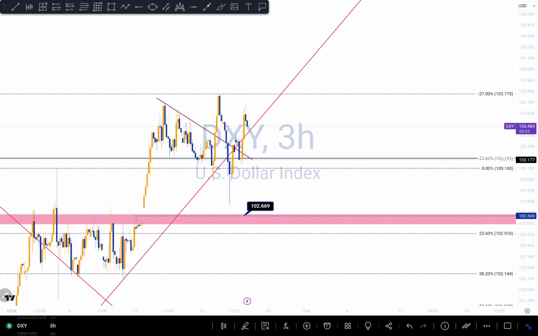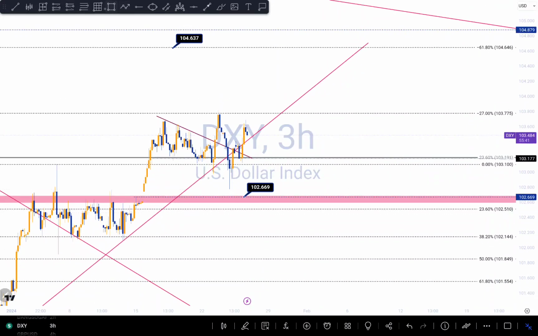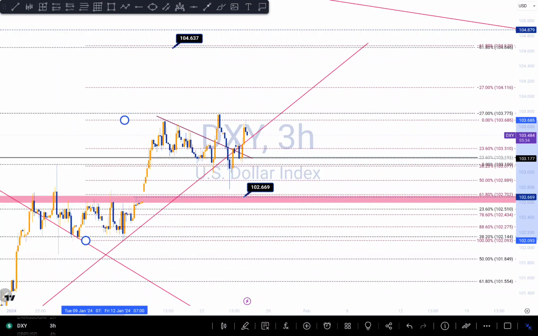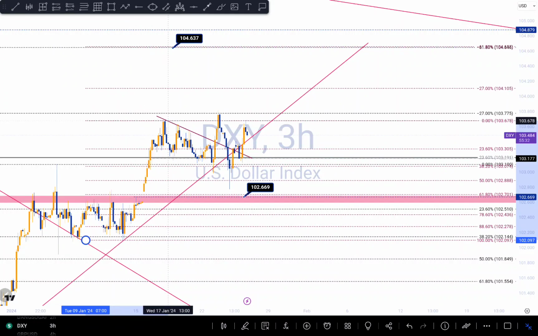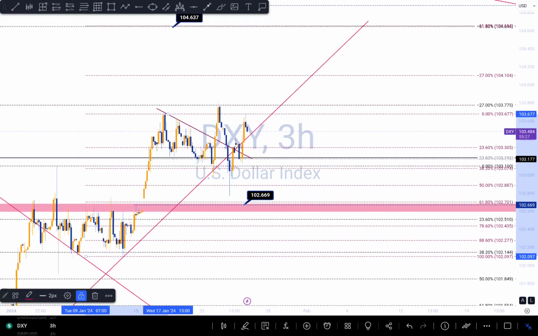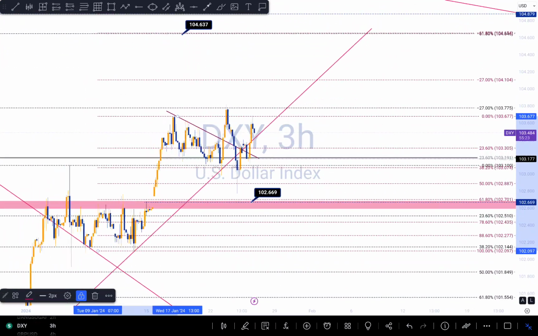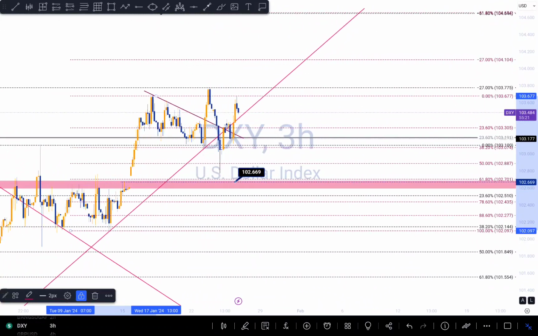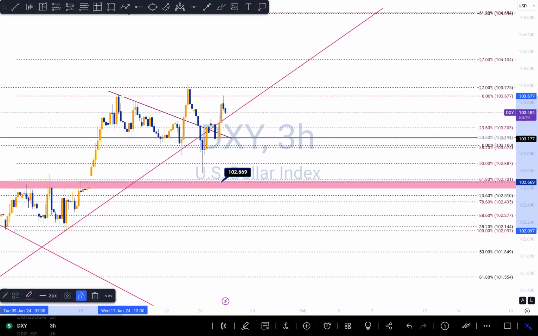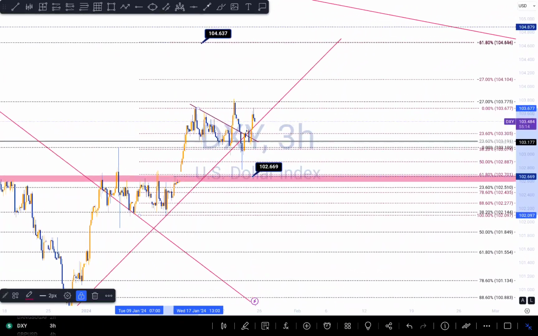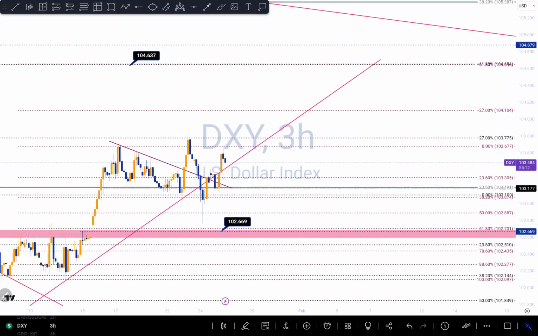So let's see. If I use a fib from point A here to point B, let's see. Placed out right here, we can see that you're rejecting off of this area right here.